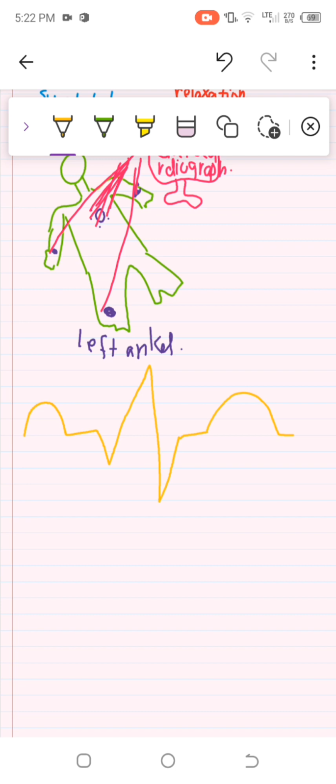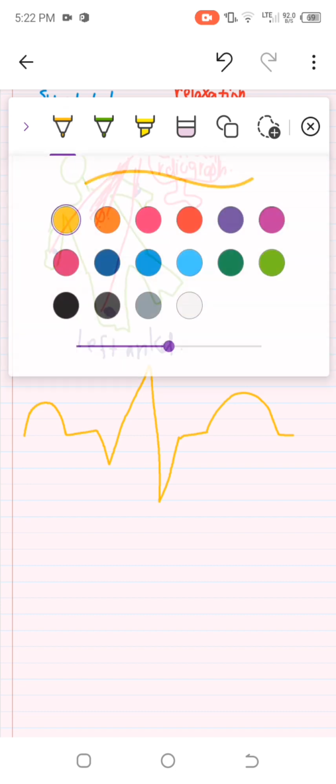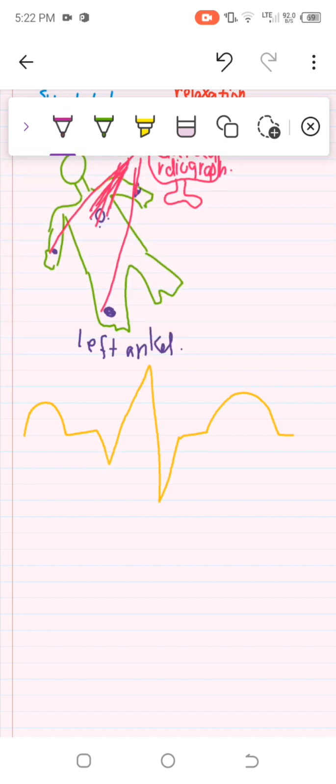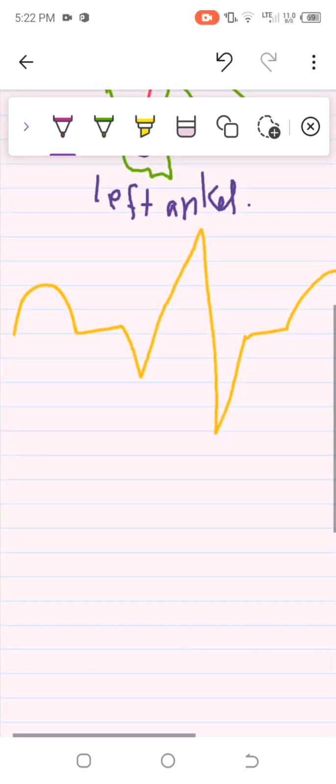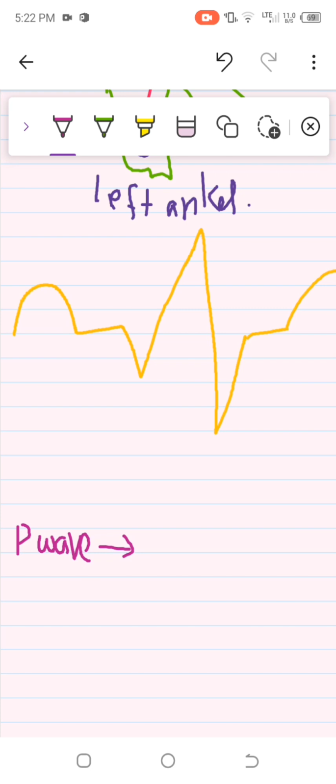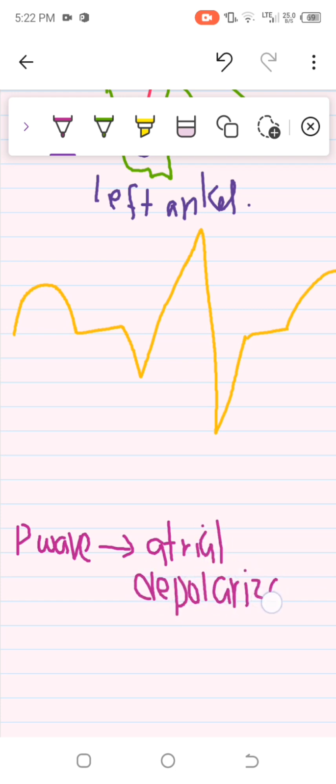Now if I give the names, first of all we have the P wave. In the P wave we have atrial depolarization. Now depolarization means systole, contraction.